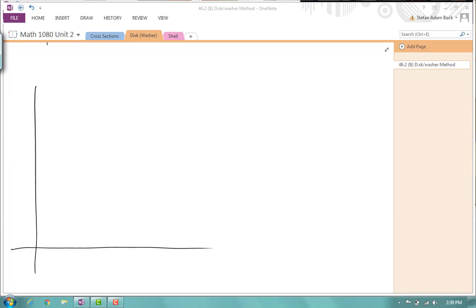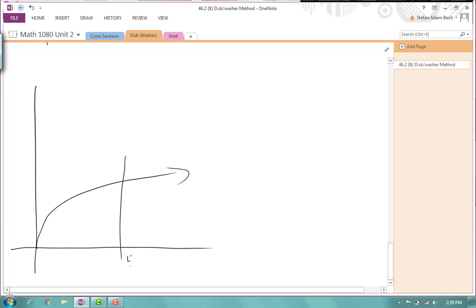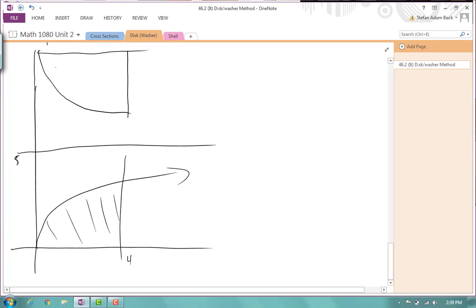So a little more about what this looks like. I want this region revolved around the line y equals 5, and I end up getting something a little like this, where I have kind of an annulus.